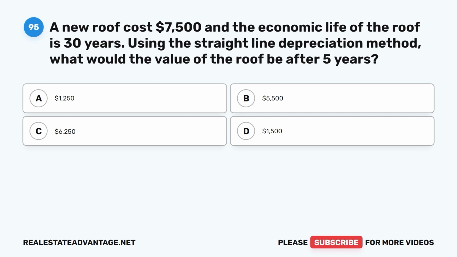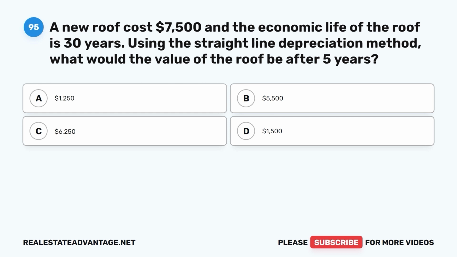Question 95. A new roof costs $7,500 and the economic life of the roof is 30 years. Using the straight line depreciation method, what would the value of the roof be after 5 years? A. $1,250. B. $5,500. C. $6,250. D. $1,500.